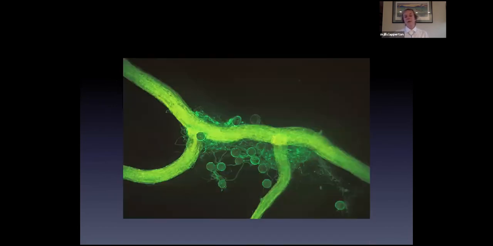This is a beautiful fluorescent micrograph from Chris Nichols. You can see here's the root, and these are reproductive structures, or spores, from the mycorrhizal fungi growing on the outside of the root. When another root grows near them, they'll colonize the next root.